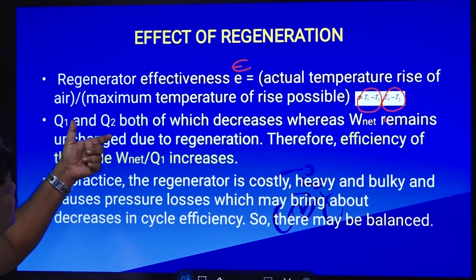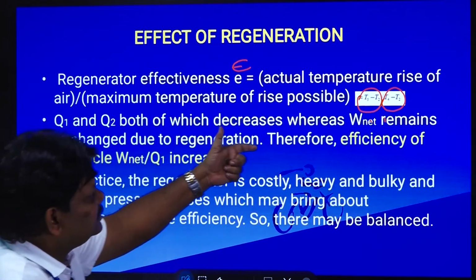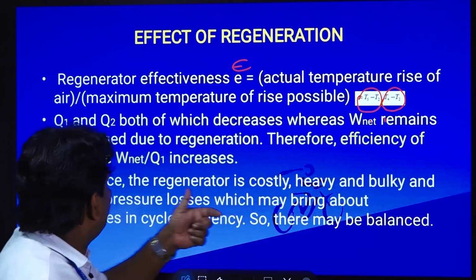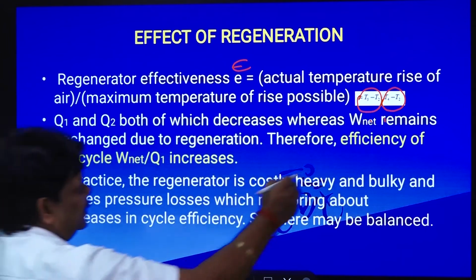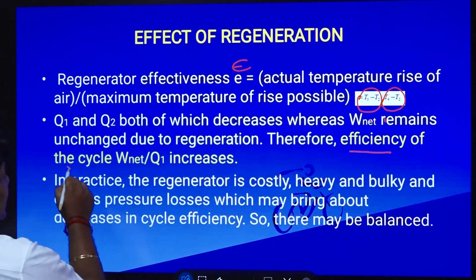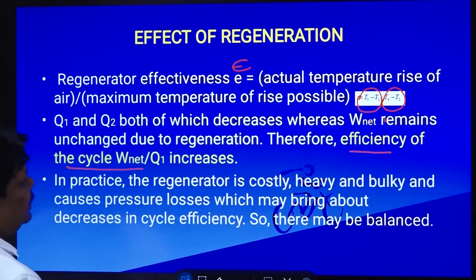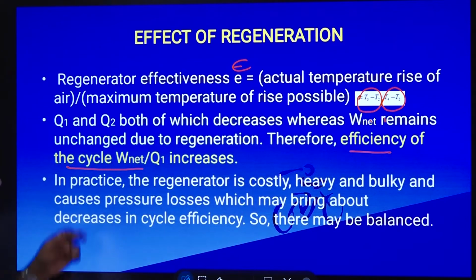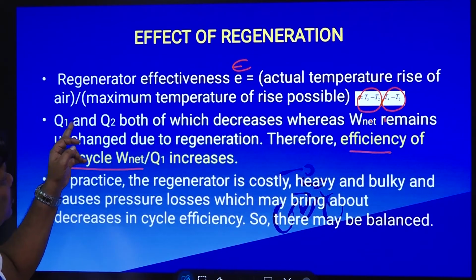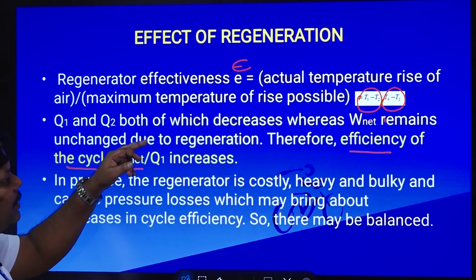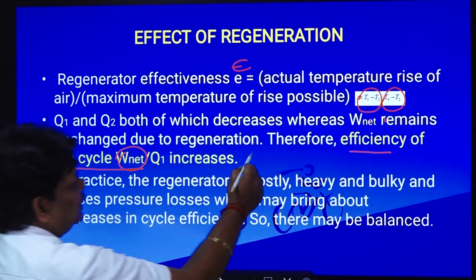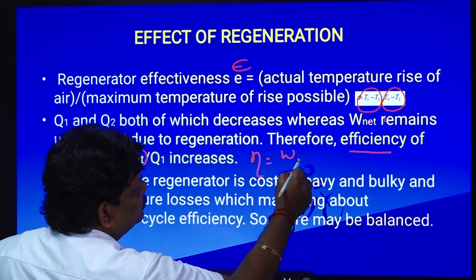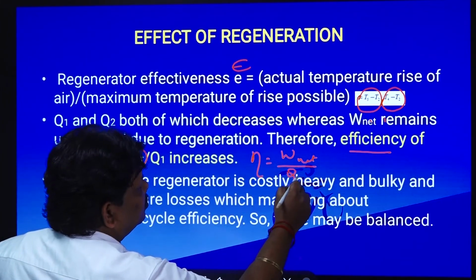Here Q1 and Q2, both of them decrease, whereas the net work that is obtained remains unchanged due to this regeneration. So the efficiency of the cycle, that is W net by Q1, increases. Even though Q1 and Q2 decrease, the net work remains the same. Eta is equal to W net divided by Q1.